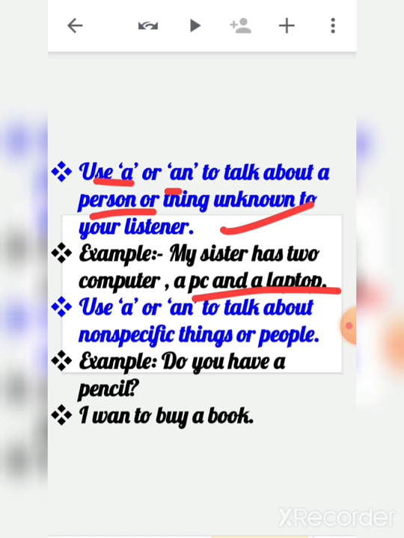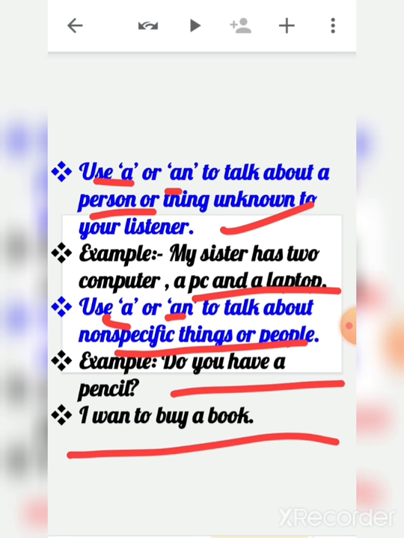Now use a or an to talk about non-specific things or people. Non-specific things or people, that means a common noun. Example, do you have a pencil? Now I'm not saying do you have a Natraj pencil, do you have a Doms pencil. Specifically, I'm not taking any name, I'm just simply asking, do you have a pencil, right?